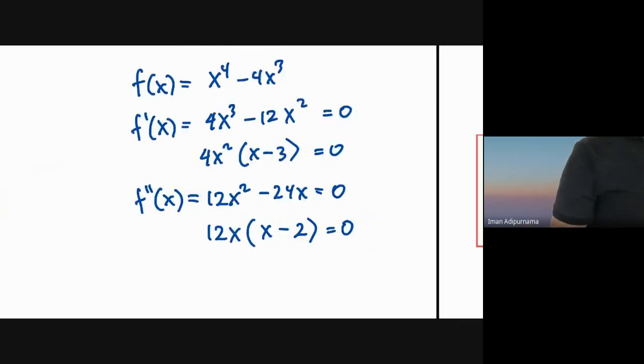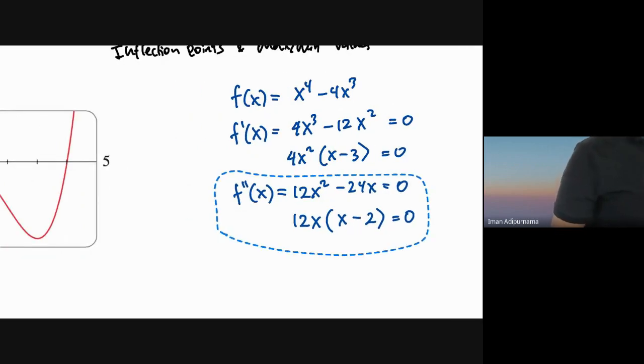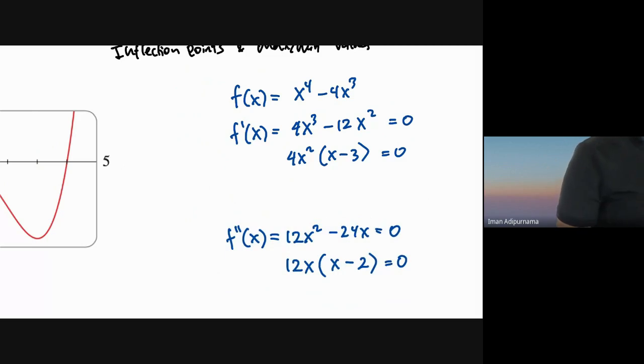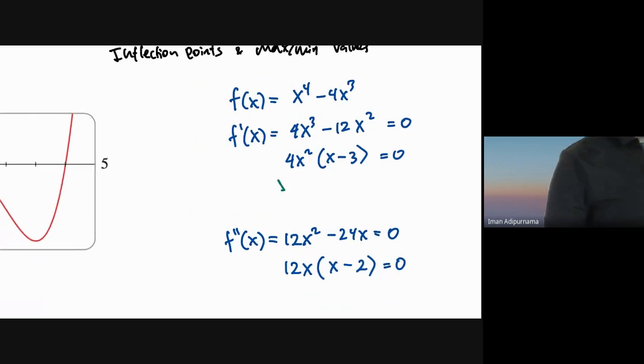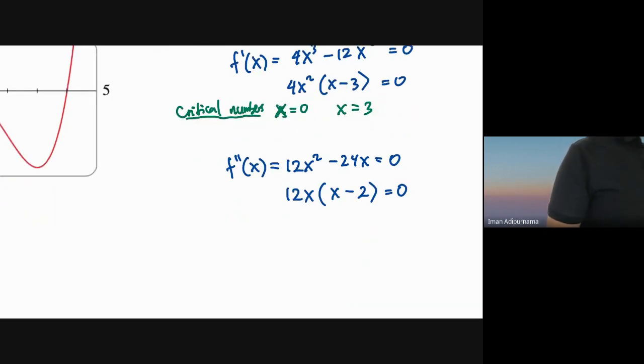Now from here, we get x equals 0 and x equals 3 for the critical numbers. So if you are asked for the critical numbers, these are the critical numbers. And then you get x equals something, which will be your inflection point.